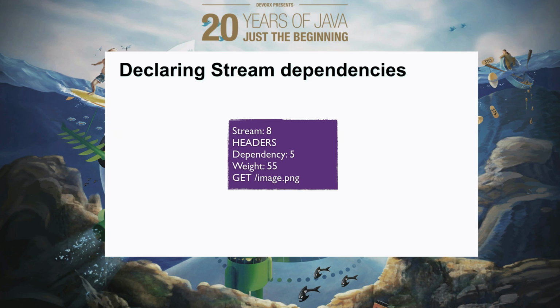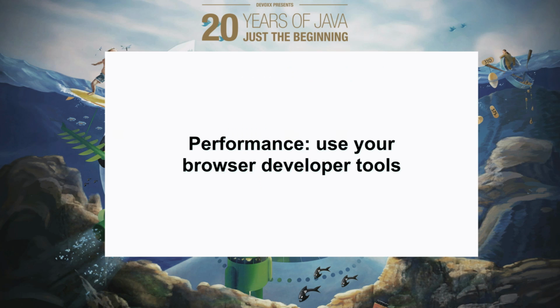So the response here, as usual, no silver bullet. You don't have a perfect response for everything. I guess one of the best pieces of advice I'd give you is to use your browser developer tools and all the tools you can have, and try your application in a real-world environment as much as you can.